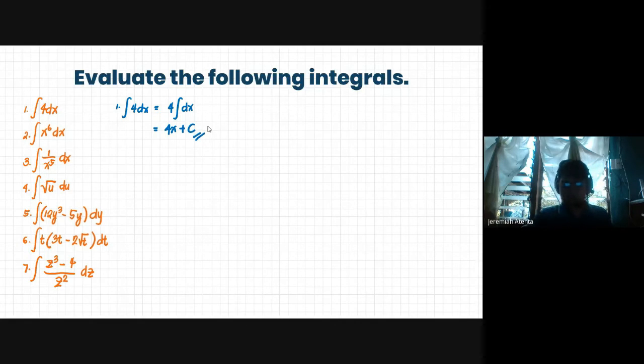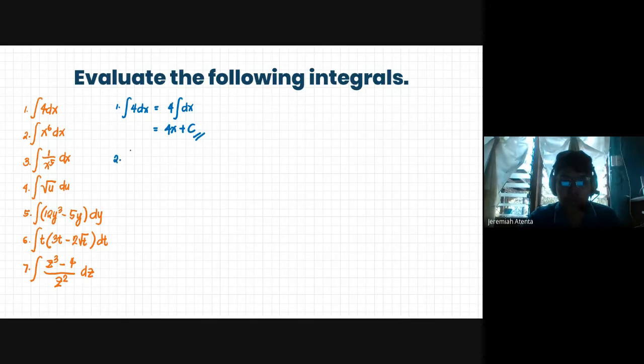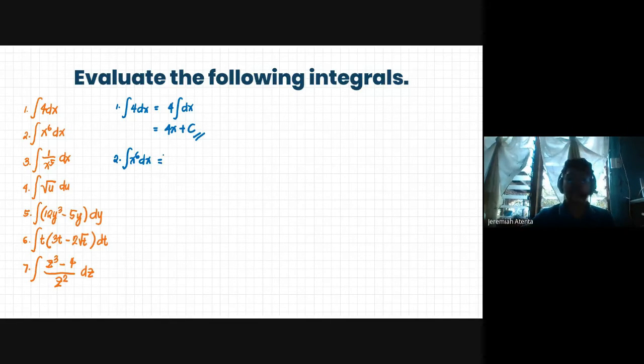Okay, I think none. So let's have number 2. Okay, number 2. We have the integral of x to the power of 6 dx. Ayan. Now, what theorem are we going to apply? Is it A, B, C, or D? We have x to the power of 6 dx.